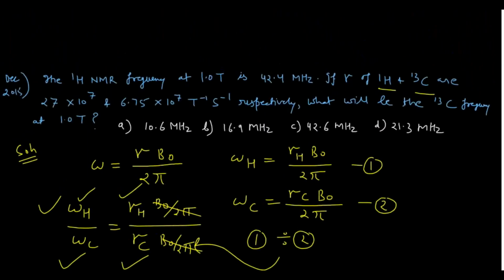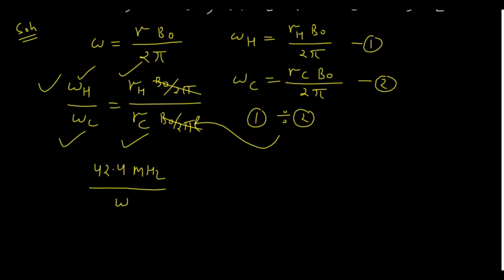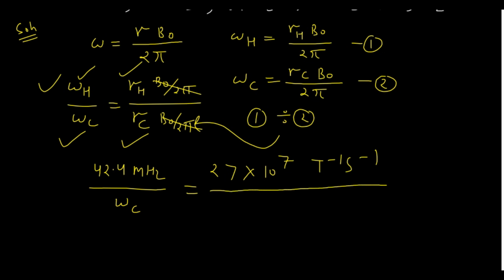You divide this value by omega C, because you have to calculate omega C. It equals 27 into 10 raised to the power 7 Tesla inverse second inverse, the gyromagnetic ratio for hydrogen, divided by 6.75 into 10 raised to the power 7 Tesla inverse second inverse, the gyromagnetic ratio for carbon.